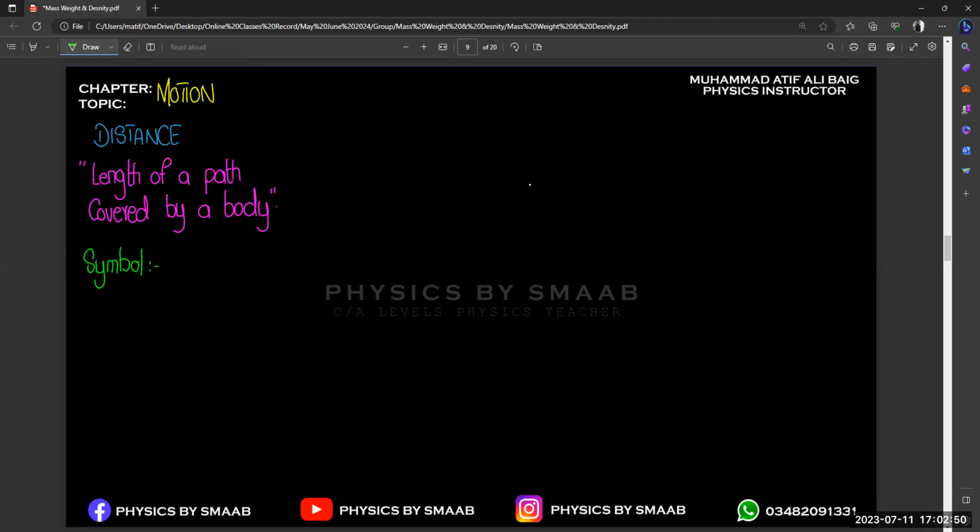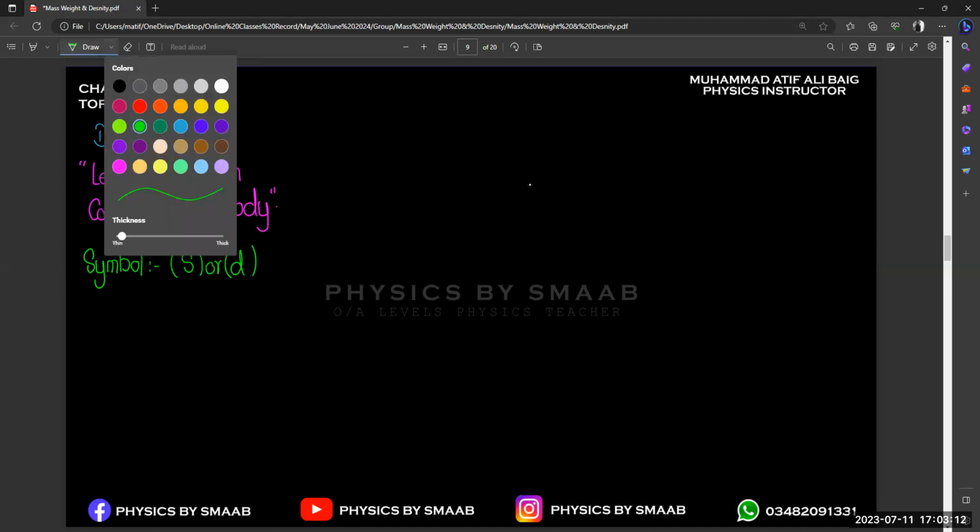It's up to you if you want to use a small s or a small d. In some books they write s, in some books they write d, but there is no negative marking or any rule that you must use one symbol or the other. Either you use s or d.